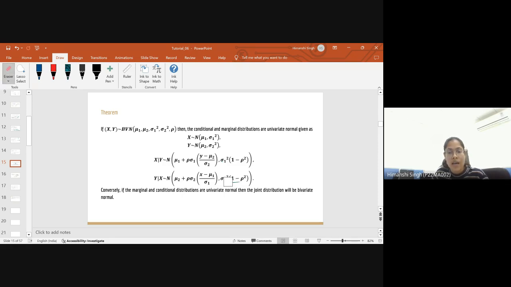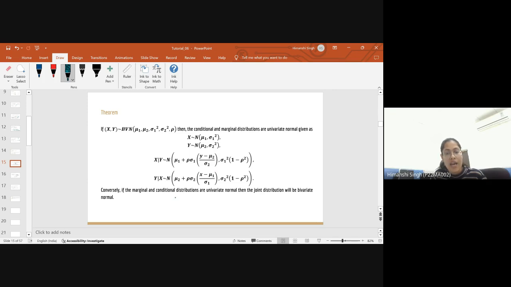So if I have a bivariate normal distribution, then the marginals and the conditional distributions will be univariate normal distributions with the given means and variances. Conversely, if the marginal and conditional distributions are univariate normal, then their joint distribution will be bivariate normal.